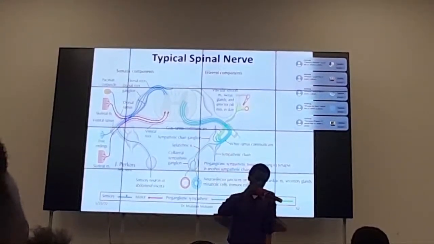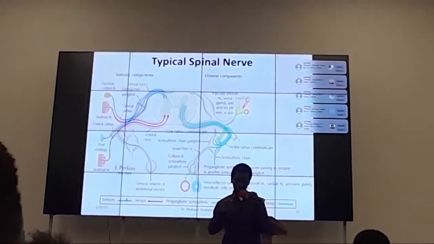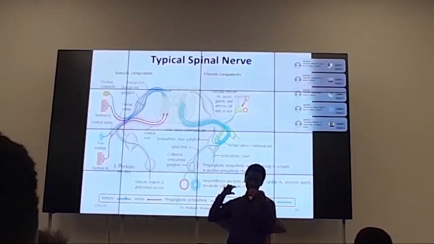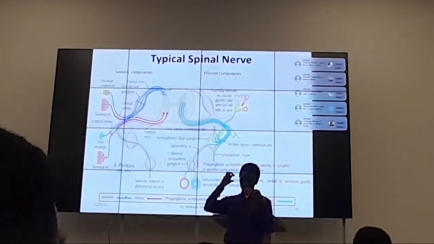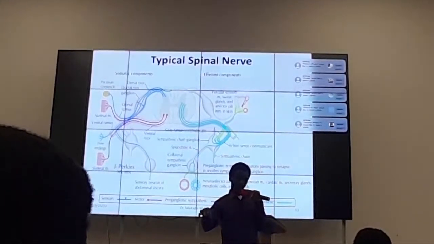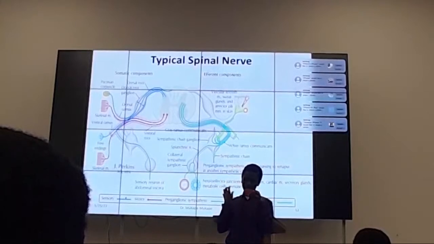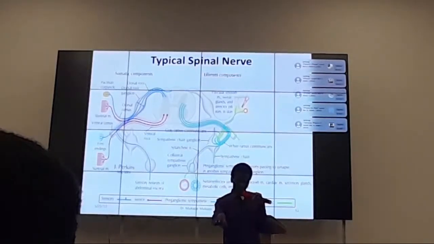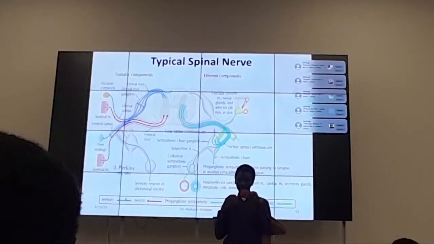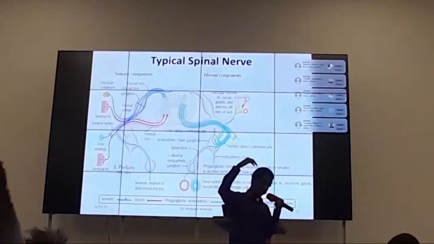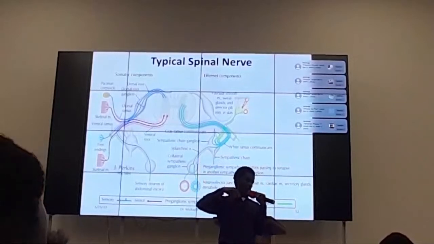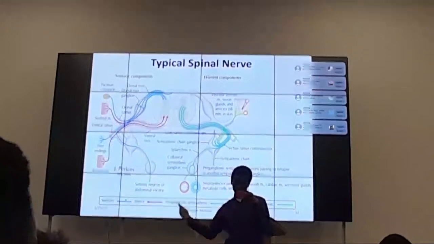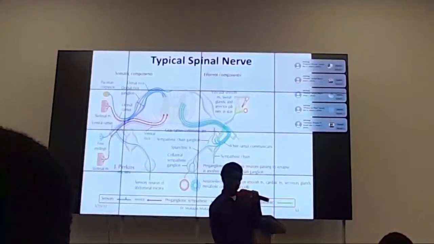What do we mean by sensory? Sensory, they are carrying impulses from the periphery to the CNS. What about motor? From the CNS to the periphery, away from the CNS. So the fibers which carry impulses from the periphery to the CNS have to use the posterior root, whereas those from the CNS to the periphery have to use the ventral root.